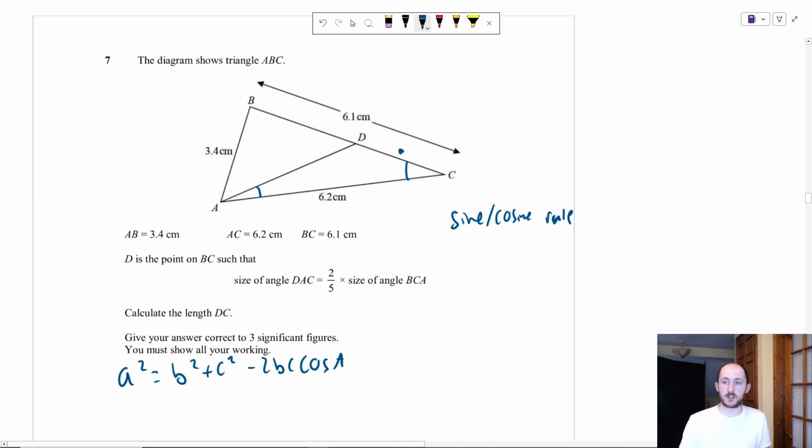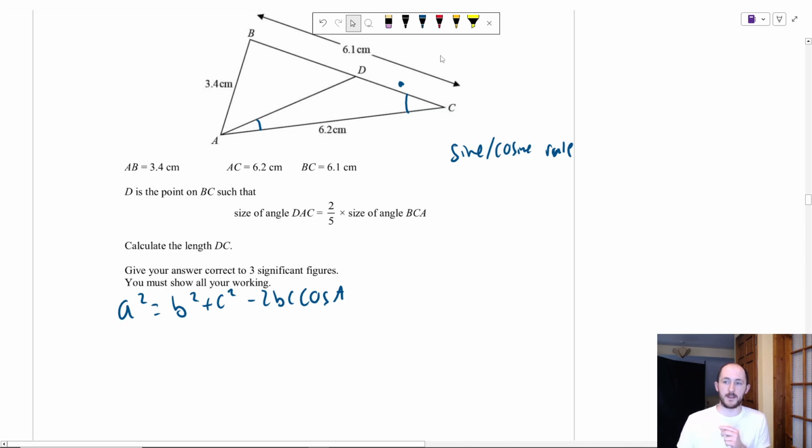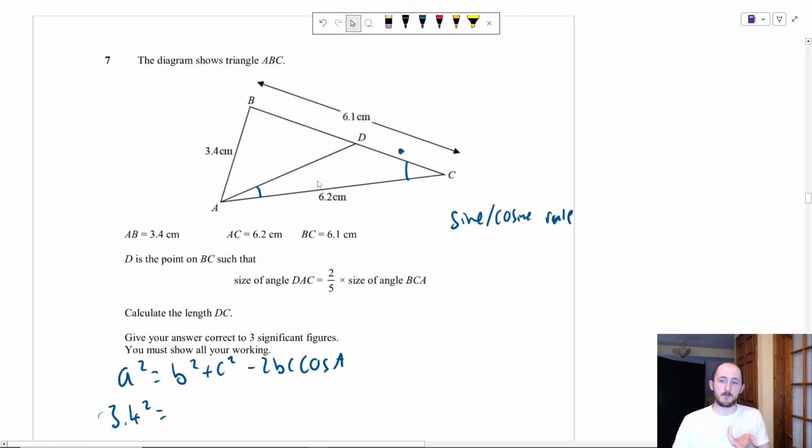Cos A is just the angle you want, always. And then the side here is always the opposite side. That's how I remember it. So in this case, because I'm looking for the angle at C, my A is 3.4 squared. So you might think, well, what on earth is B and C? Well, the funny thing is B and C, it doesn't matter which way round you do it.